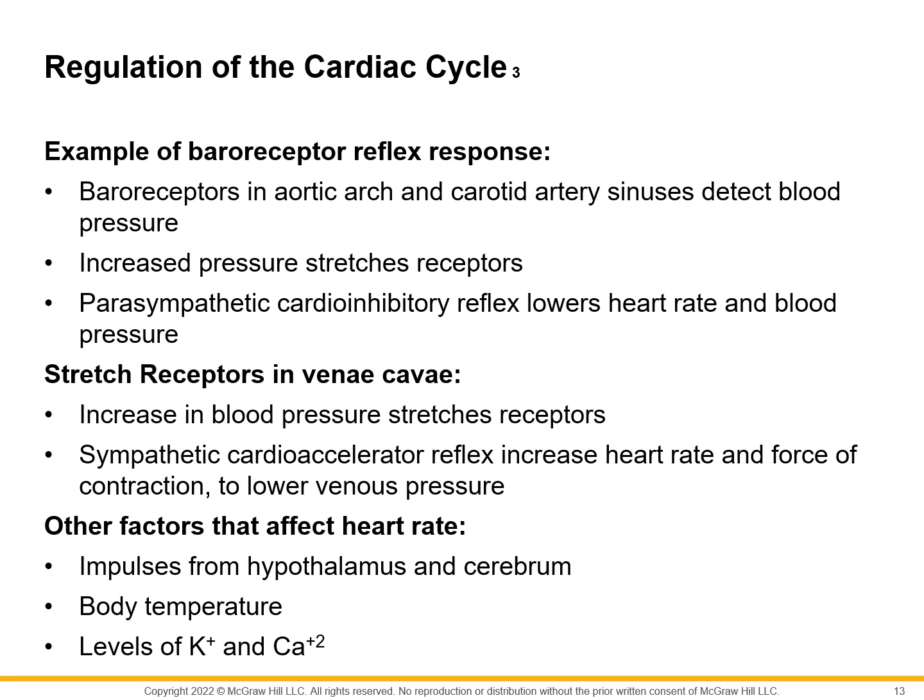So, generally speaking, we can say that the cardiac cycle is affected by many factors, mostly sympathetic, parasympathetic, the baroreceptors, which control the blood pressure, and also stretch receptors that are found in the vena cava, and other factors like impulses from the hypothalamus and cerebrum, body temperature, and the level of potassium and calcium.